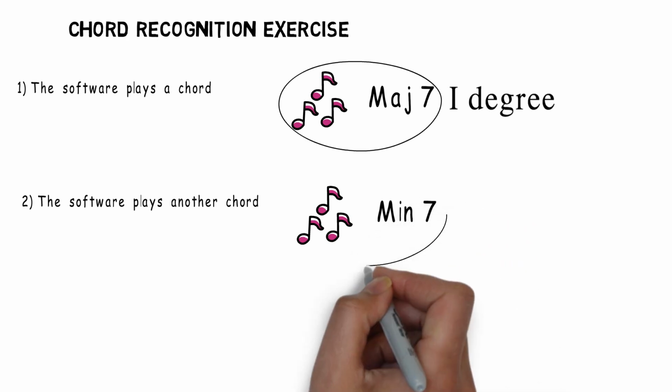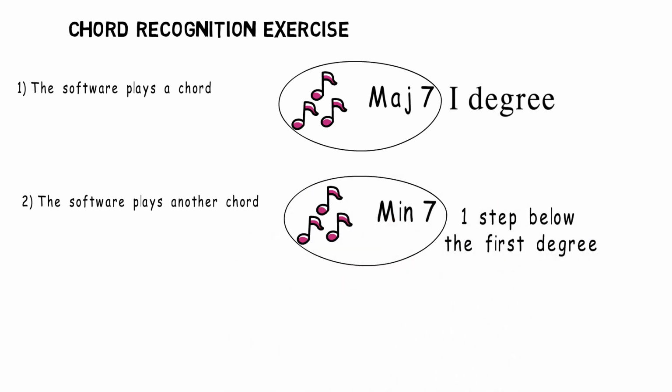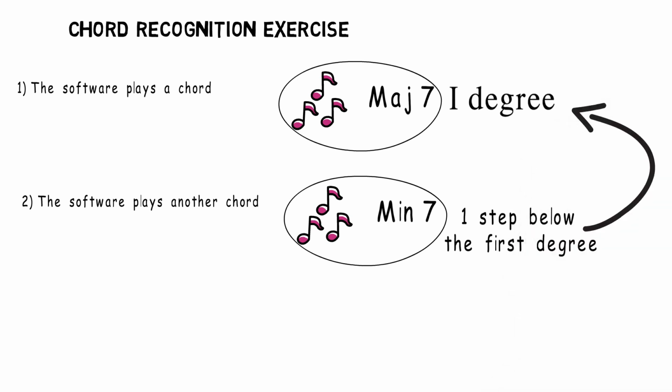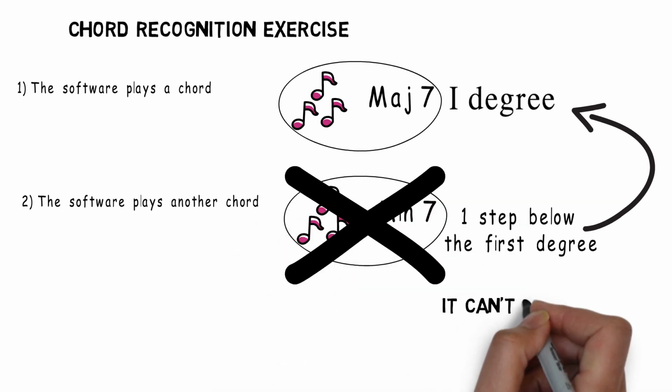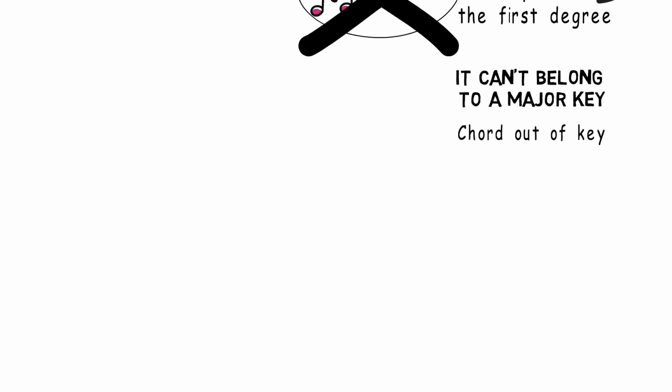Minor seventh, but a whole tone below the first chord we just heard. So this is a minor seventh chord, and it is a whole tone below the first degree of the major key. The problem is that there isn't any major key that contains this chord. So, also in this exercise, we're forced to get out of key thinking of a chord out of key.